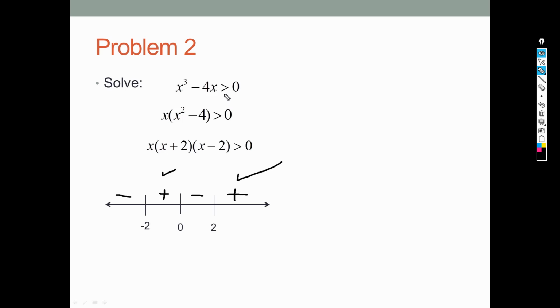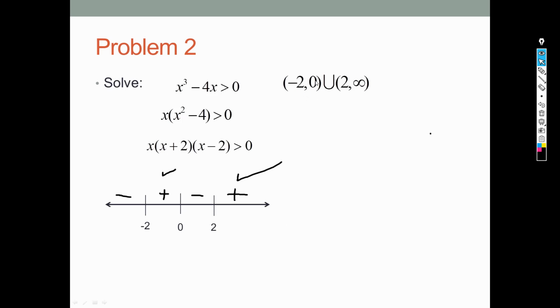Okay, when you have an equals, you're going to have a bracket to indicate that the number is included. Okay, but in this case, no brackets. Okay, so it's everything between negative 2 and 0 together with everything to the right of 2. Okay. So this is your answer right here.